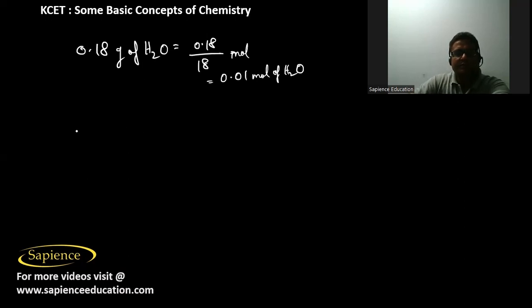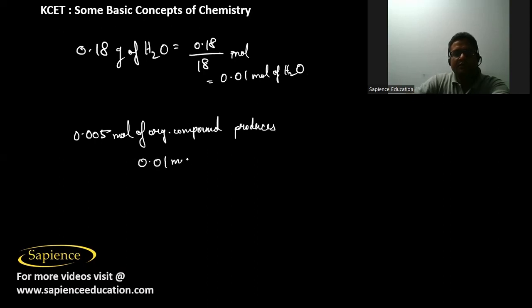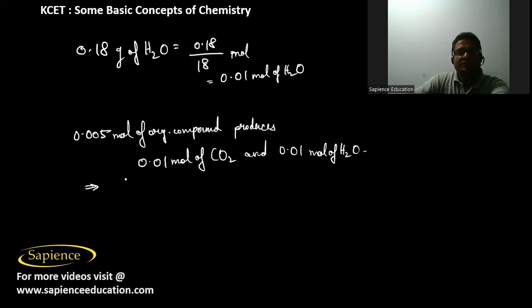So it means that here the organic compound, which is 0.05 moles of the organic compound, produces 0.01 mole of CO2 and 0.01 mole of H2O.